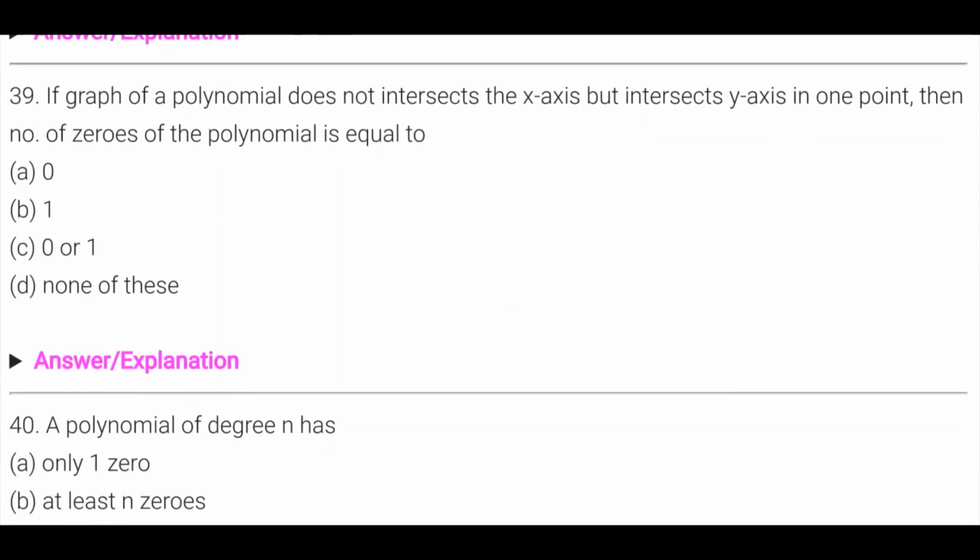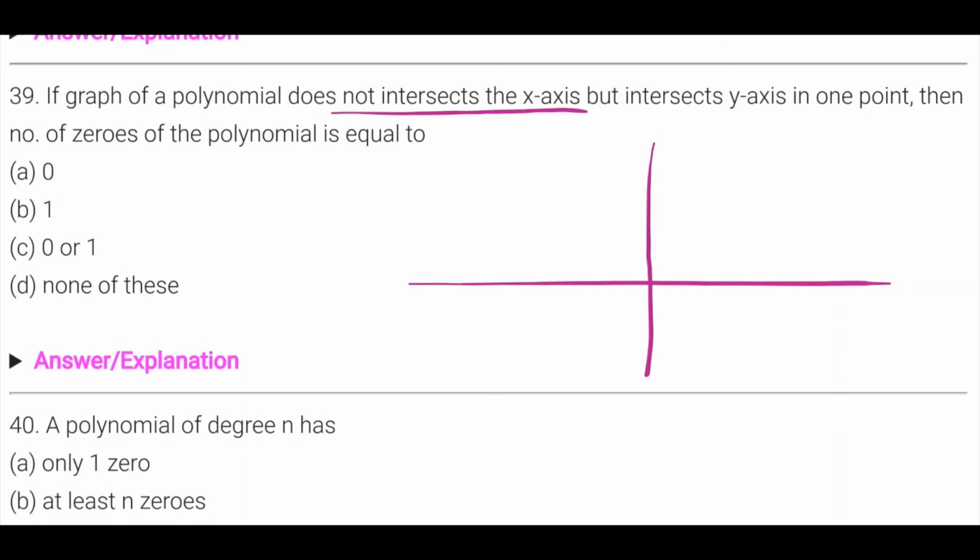If the graph of a polynomial does not intersect the x-axis but intersects the y-axis at one point, then the number of zeros of the polynomial is equal to. So if you take a graph where the curve is not intersecting the x-axis but intersecting the y-axis at one point, the curve may be like this.